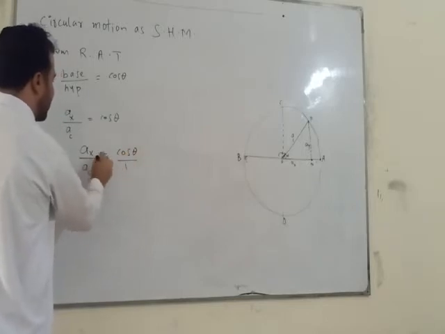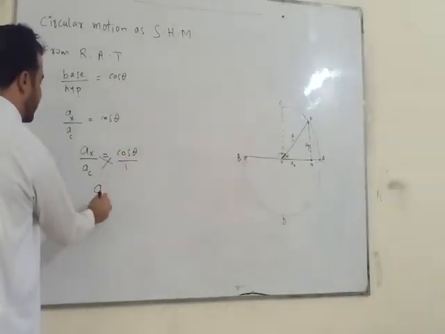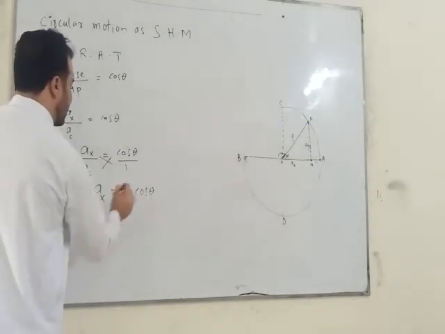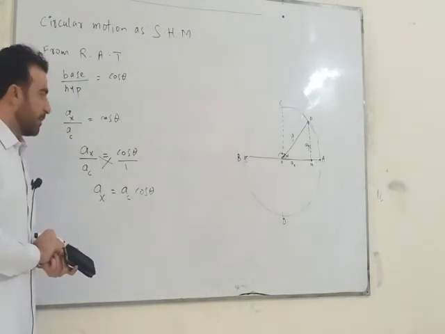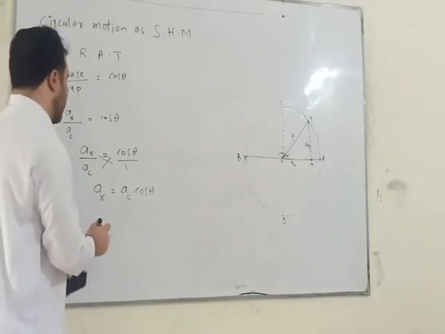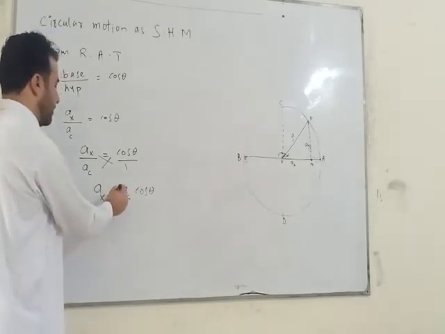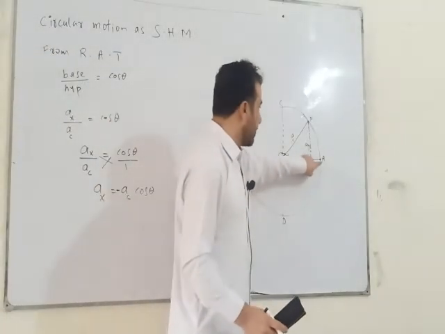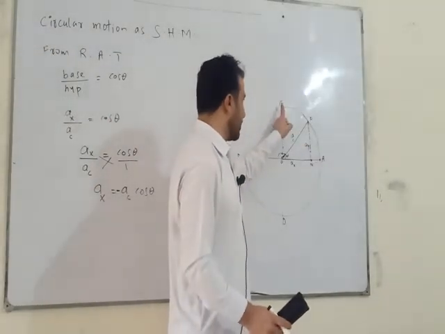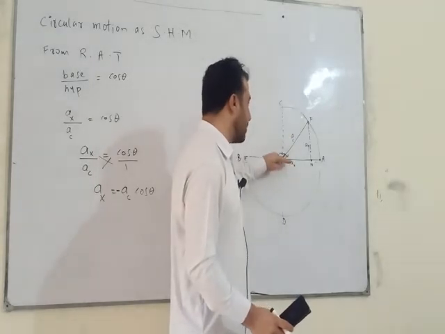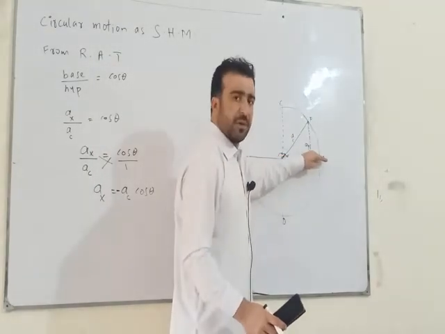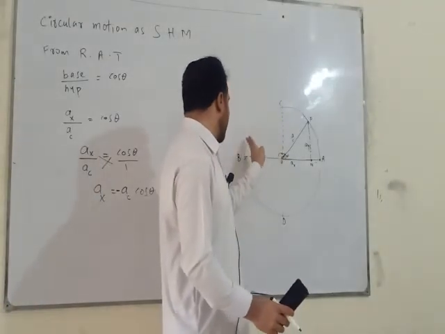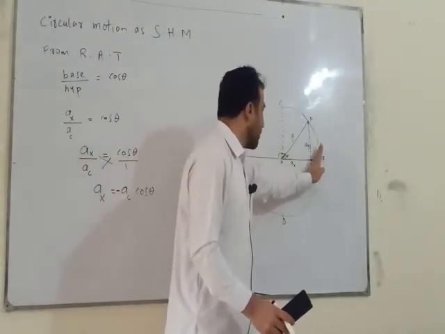Now by cross multiplication, we get AX is equal to AC cos of theta. Clear? And one thing more, here we will take a negative sign, because when the body circulates from A to C, let's suppose, meanwhile the projection goes from O to A. Clear? And when the body circulates from C to B, the projection goes back.